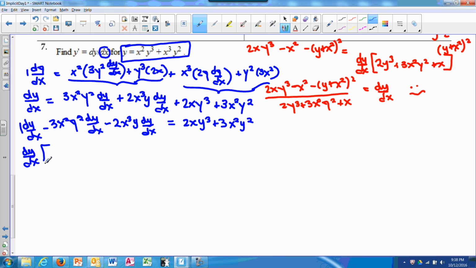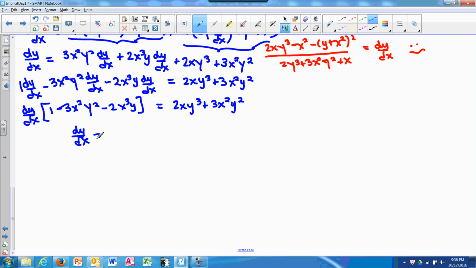A lot of students forget that 1 and put it as kind of a 0. They omit it altogether. But it's 1 minus 3x squared y squared minus 2x cubed y times the dy dx equals my right-hand term. So dy dx is equal to the entire right-hand side divided by the product term from the left-hand side.